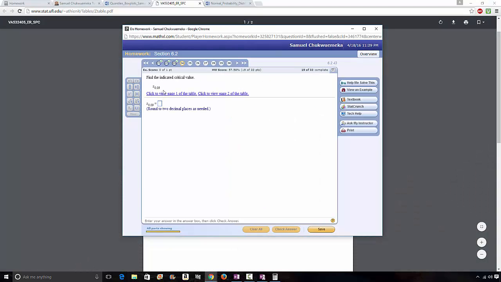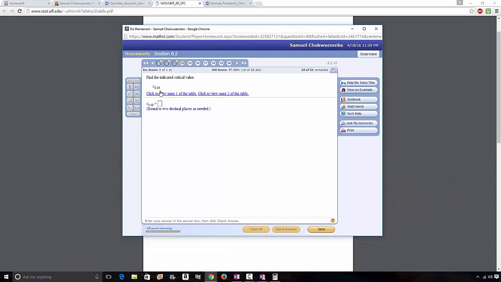Critical Z means find the z-score that corresponds to 0.09 area, or 0.09 probability to the right. Again, this means find the z-score that corresponds to a probability of 9% to the right.